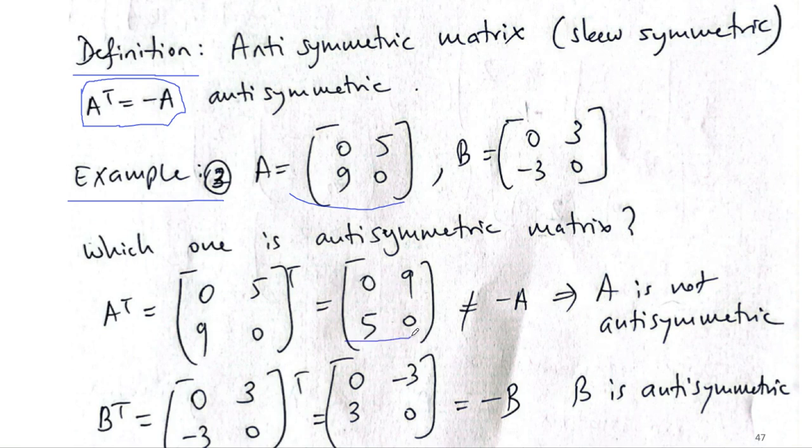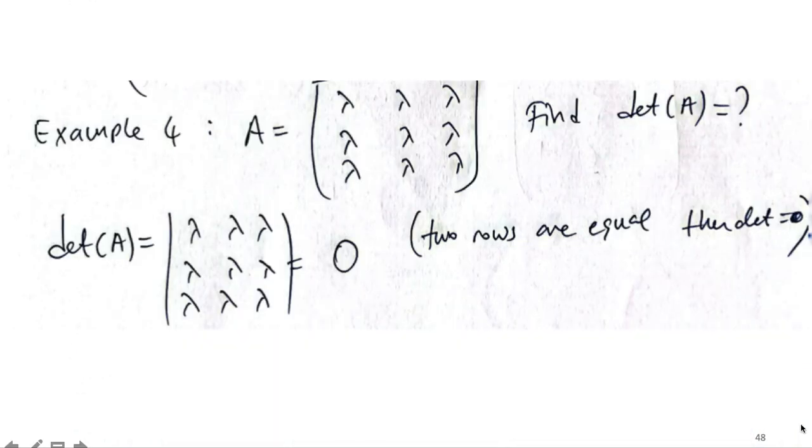This is not equal to minus A, so this one is not antisymmetric. What about the second matrix B? Again, take the transpose. The transpose is 0, 3, minus 3, and 0. This is equal to minus B. Therefore, B is an antisymmetric matrix.